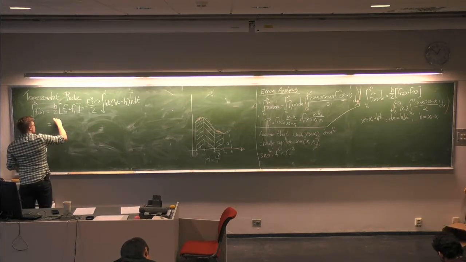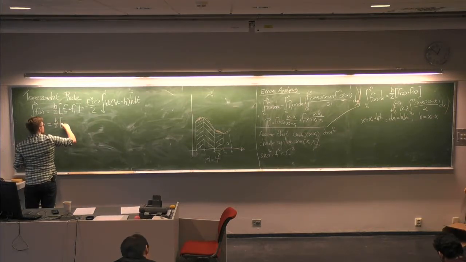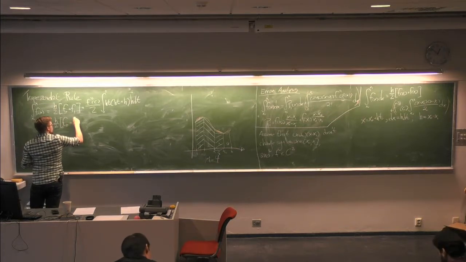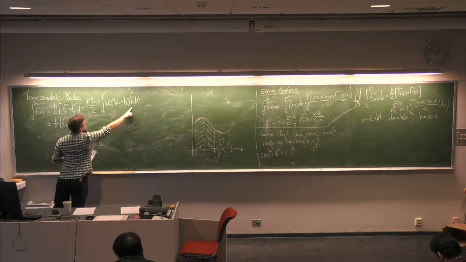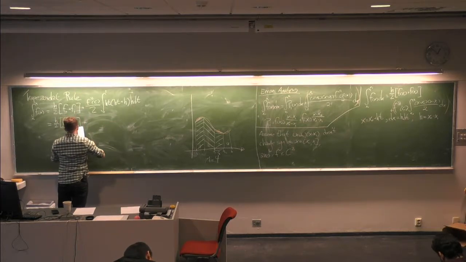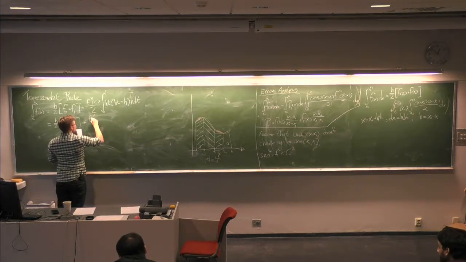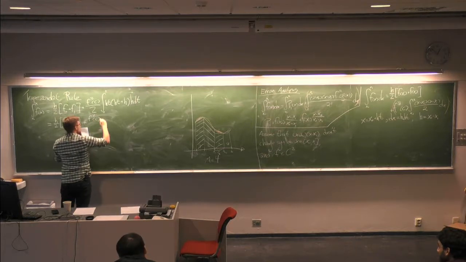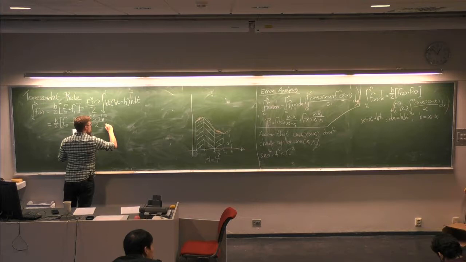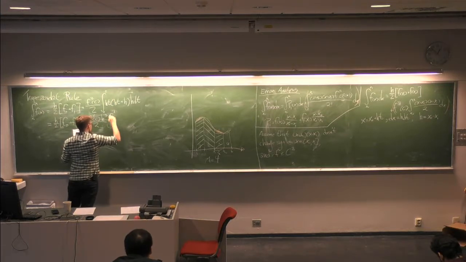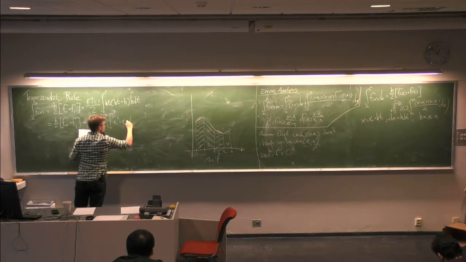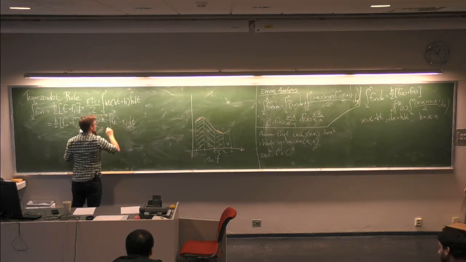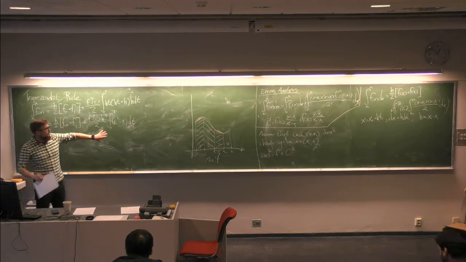Okay. We can further simplify this. You see we have lots of h's. We have f twice differentiated at some constant c, h cubed over 2, times the integral from 0 to 1 of t squared minus t. And this one we can actually solve.